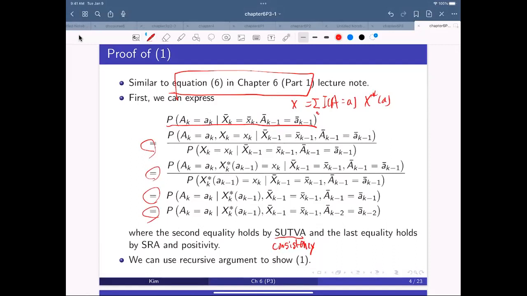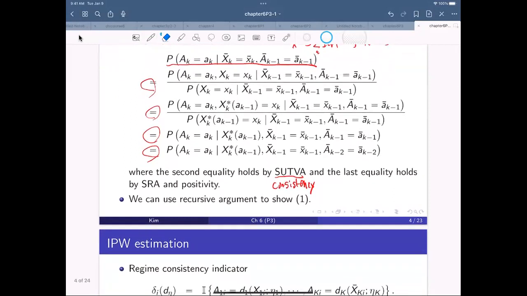So A_k minus 1 is conditionally independent of the potential outcomes given the history, essentially. Okay.